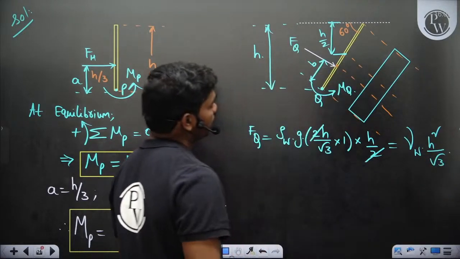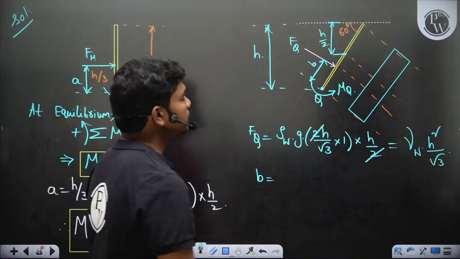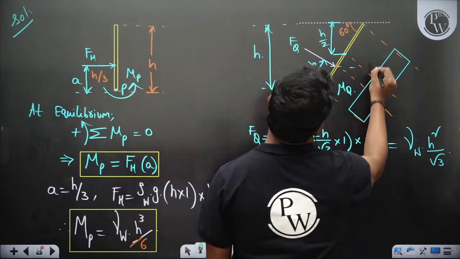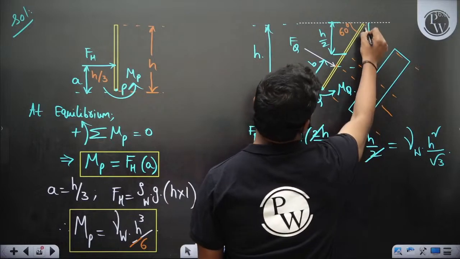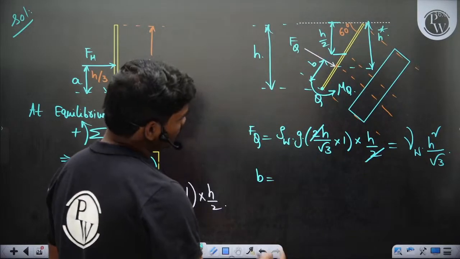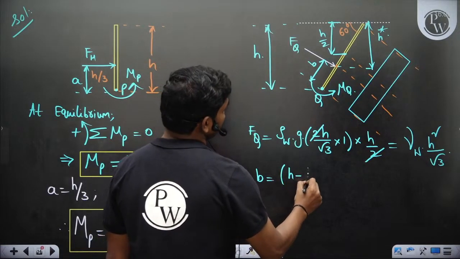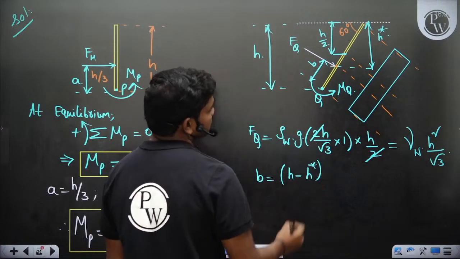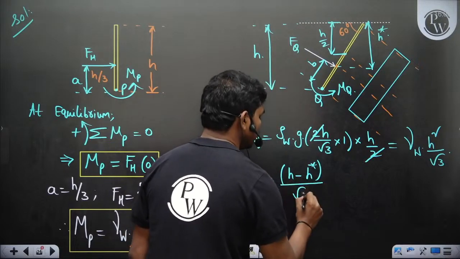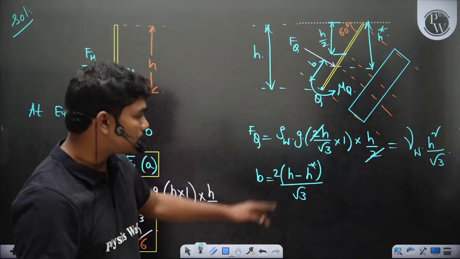This is okay. Now you should calculate what is b. So to calculate what is b, what we can do is, if this is h star, for example, the depth of center of pressure, so b can be written as h minus h star divided by sin theta. So 2 by root 3 of h minus h star, that's the value. So how do you get this h star value?